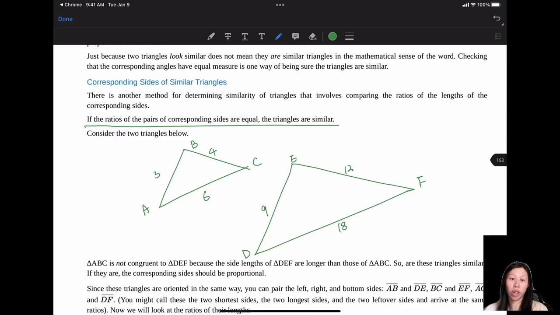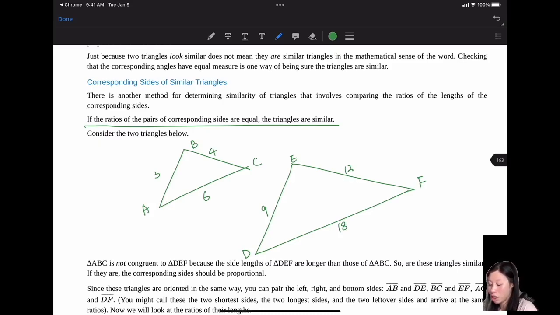And now we don't know if the measurements of the angles are equal because they didn't give you any information. However, they give you the lengths of each side for each triangle.